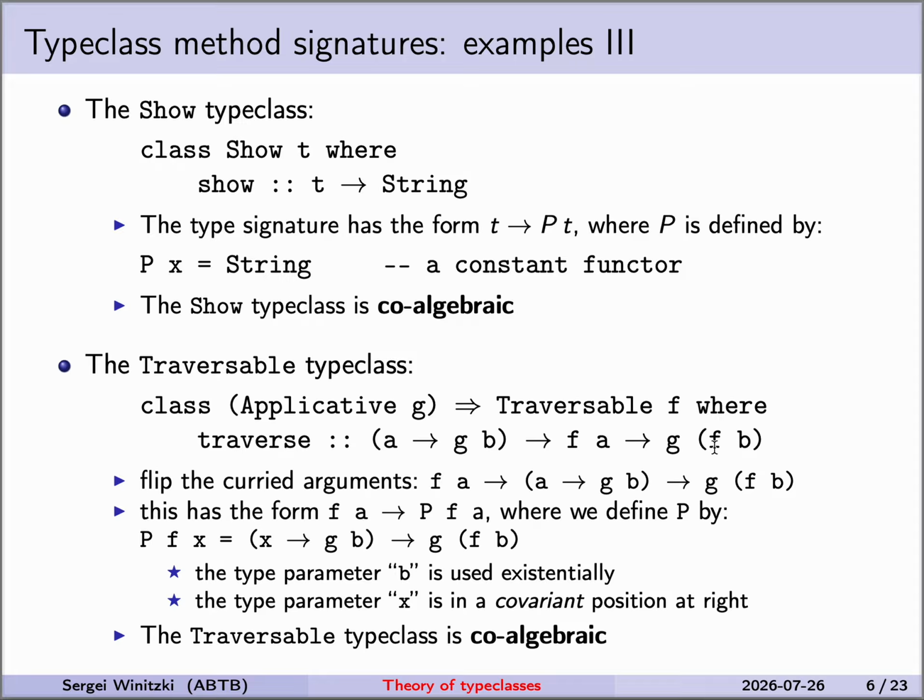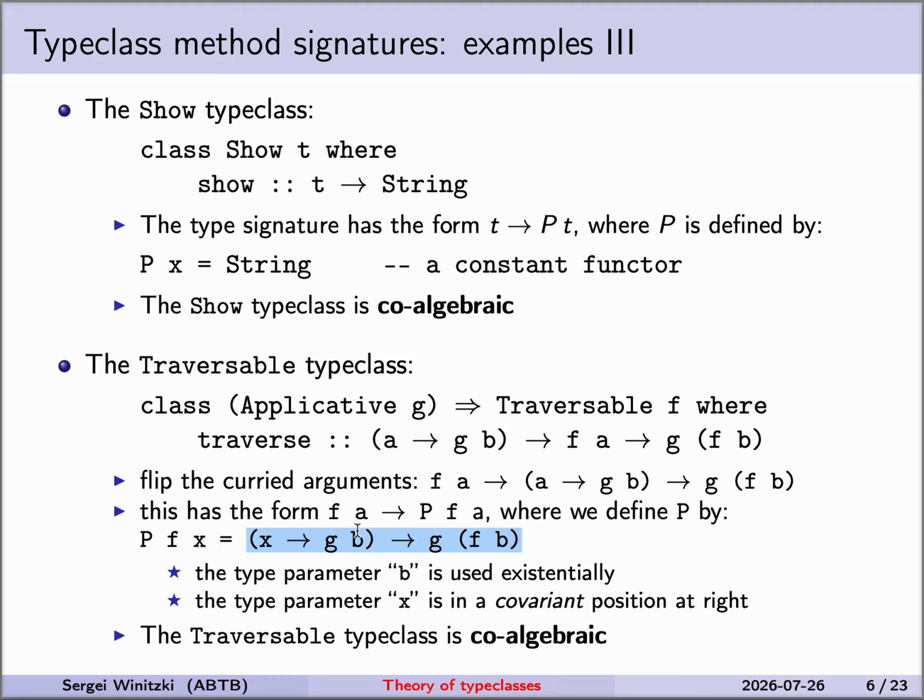And what we find is that we can transform this into co-algebraic form, fa to pfa, where p is a higher-kinded type constructor, and it is defined like this. So given a functor f, we create a new functor pf, which is applied to x and gives this type.